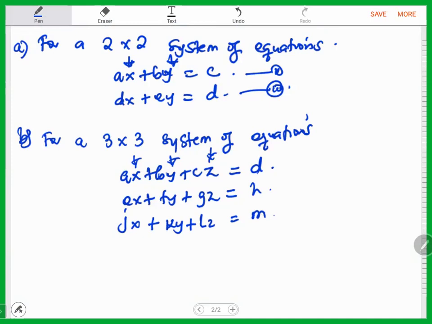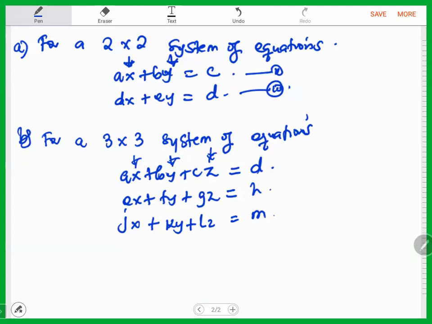So simultaneous equations can be solved using various methods. Now we are going to look at how we solve these. What methods are available to ensure that we solve these different simultaneous equations, both a 2 by 2 and a 3 by 3?